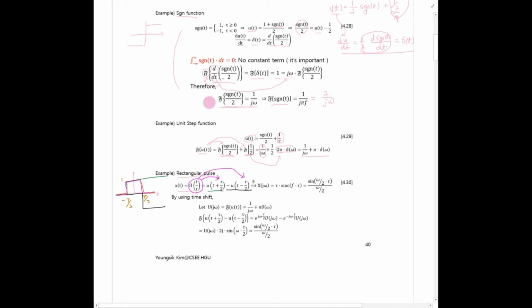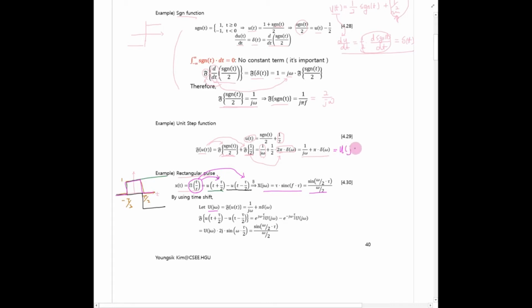We know that the rectangular pulse should have a sinc function like that as its Fourier transform. We would like to find this by use of the unit step function transform. We know that for the unit step function, this is the unit step Fourier transform.